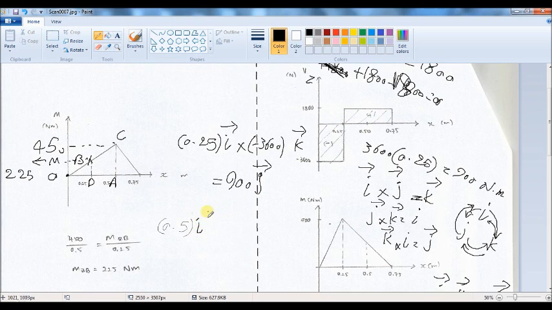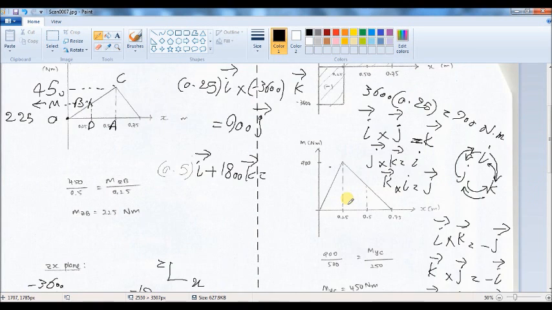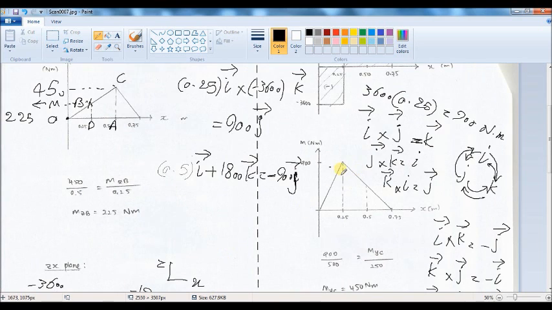This is i, 1,800 k. So as I told you, i times k is negative j, right? So it is 900 negative j. Therefore, I have to draw a line with negative slope and come back to 0.